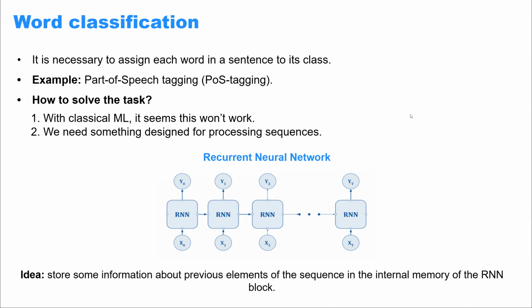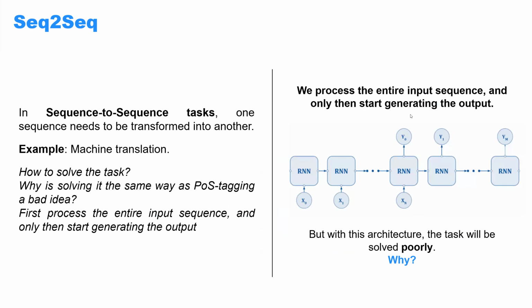So we need to use another architecture. We need to process the entire input sequence, accumulating information about our text in the hidden cell of the RNN, and only then start generating our output.